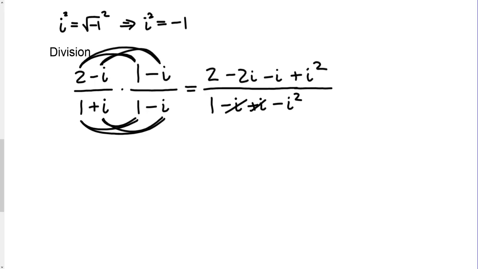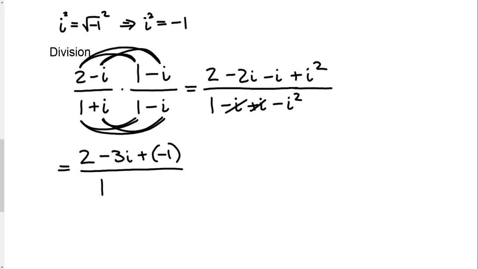Okay, simplifying here. In the numerator, I have negative 2i minus i. Since they're both imaginary values, I can combine them into negative 3i. i squared, as I just showed, can be replaced with negative 1. So for right now, I'm going to express that as plus negative 1 for emphasis, but that's not something that you necessarily have to do.